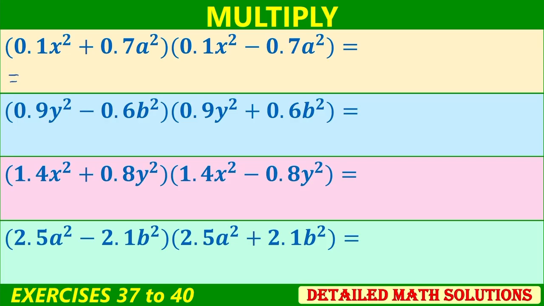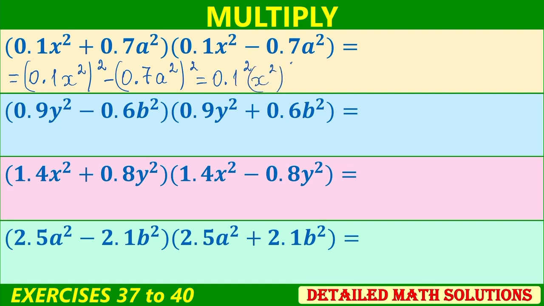When I apply the formula, this equals (0.1x squared) squared minus (0.7a squared) squared, which equals (0.1 squared x squared) squared minus (0.7 squared a squared) squared. When I simplify further, this equals 0.01 x to the fourth power minus 0.49 a to the fourth power.